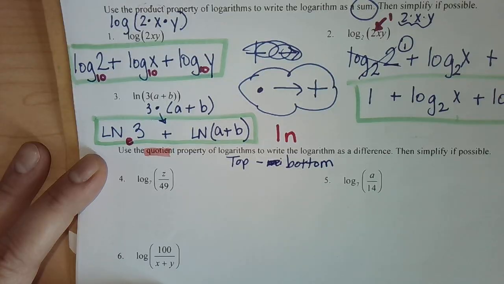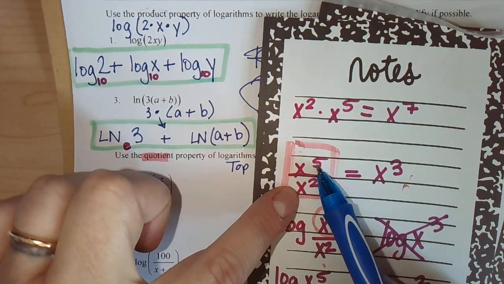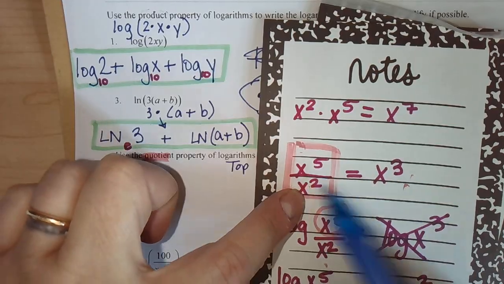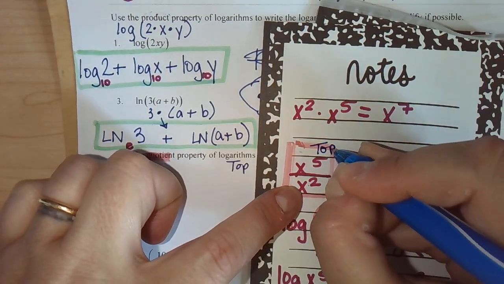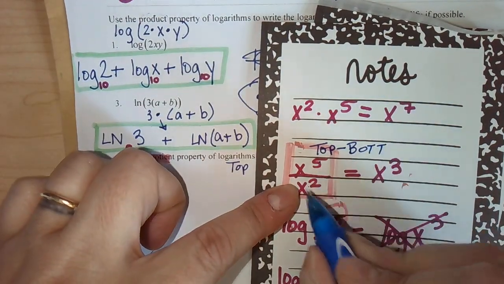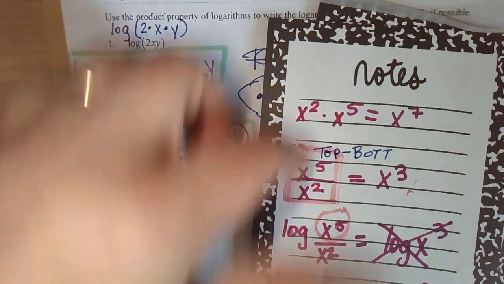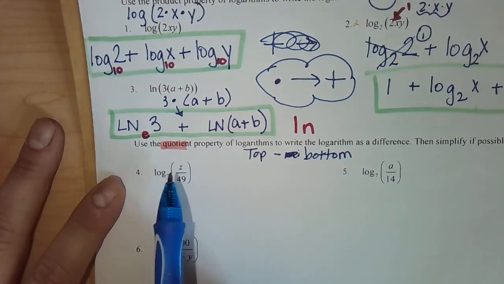Just like when we say x to the 5th over x to the 2, to get the 3, we say the top minus the bottom. 5 minus 2. Okay, so that's why we have to write the top letter first, Z.